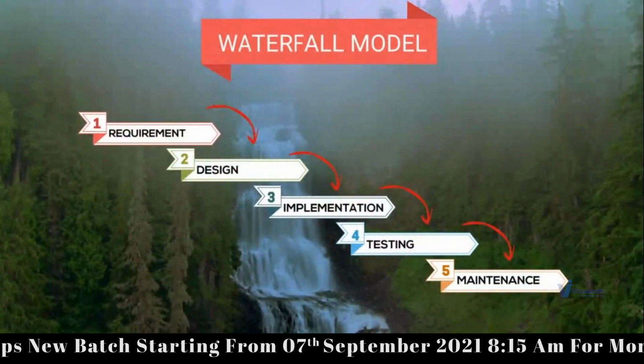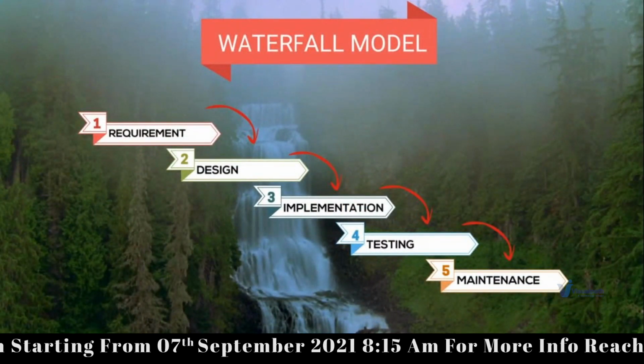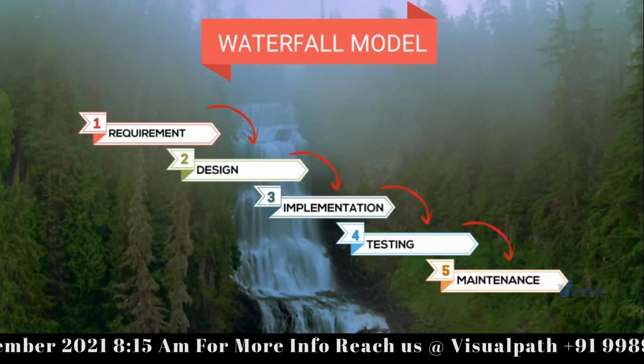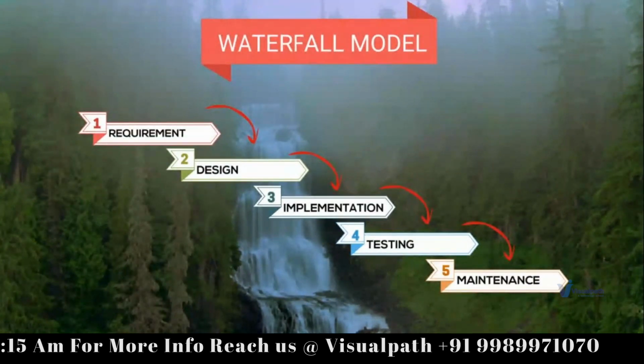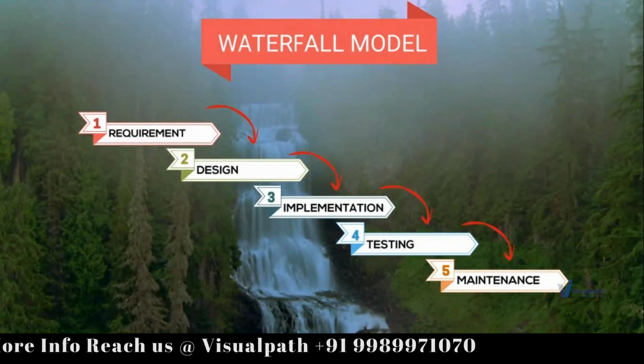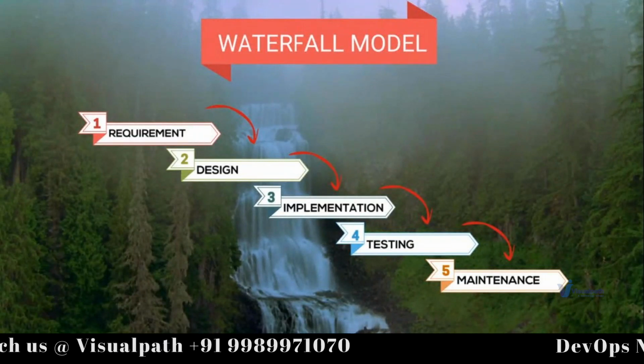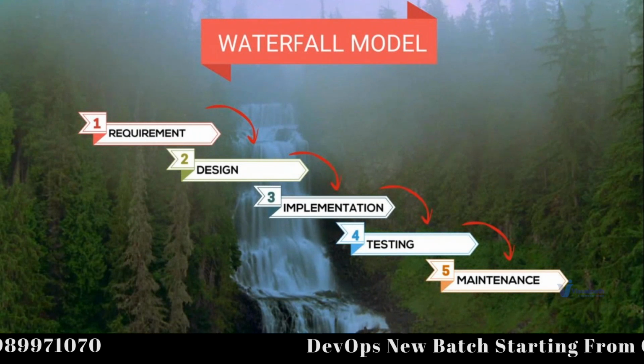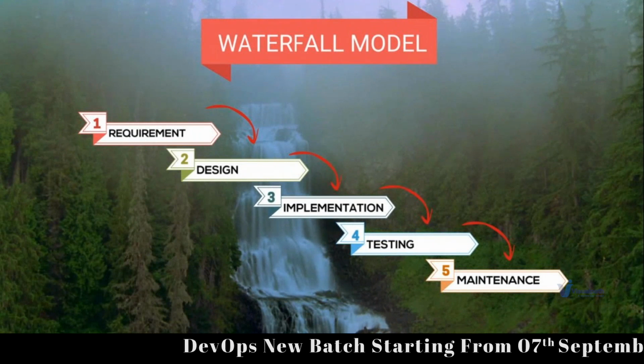Waterfall model. Okay, it's a legacy model, we call it, because it is old, been there from a long time, and very few people use it. But you need to understand that so you can understand agile. Waterfall model works like this. It works in phases. First phase is requirement. When requirement is completed, then it goes to the next level, design.